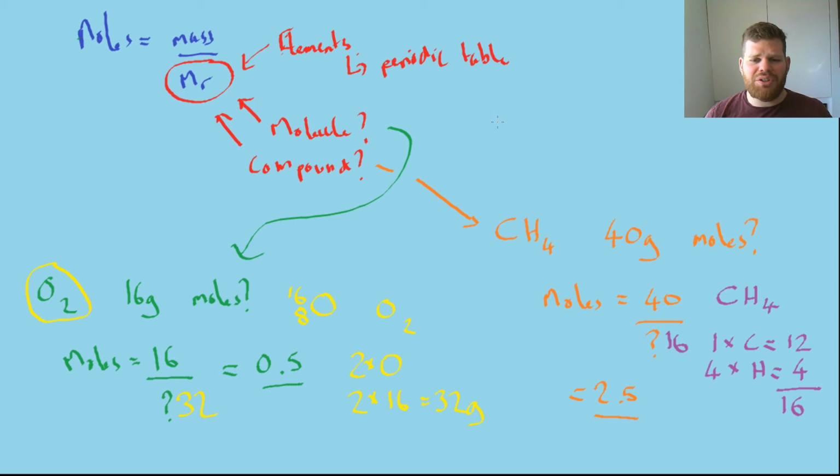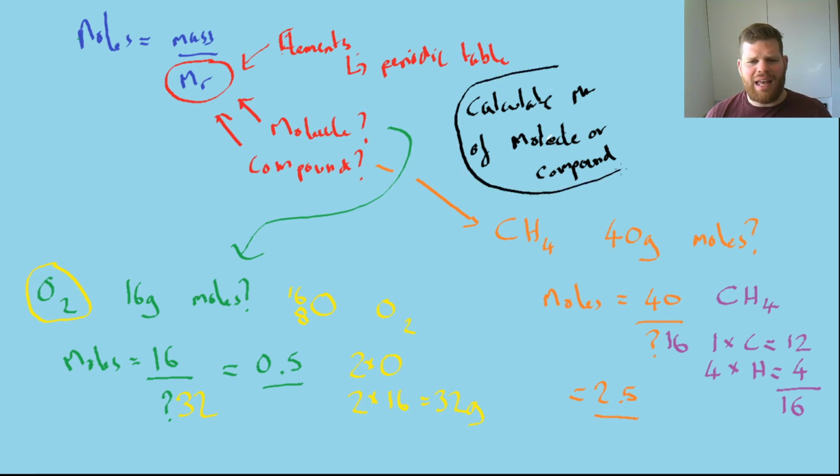Essentially there's just an extra step, and that extra step is ensuring that you calculate whatever the MR is, so we just need to calculate the MR of the molecule or compound. That's the new thing that we've just talked about in this lesson, calculating the MR of the molecule or compound.